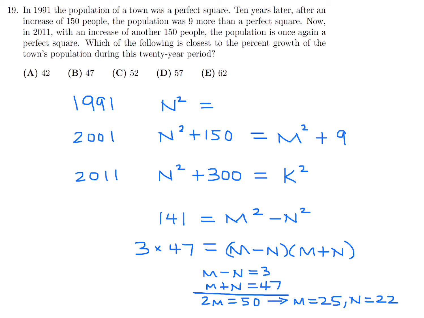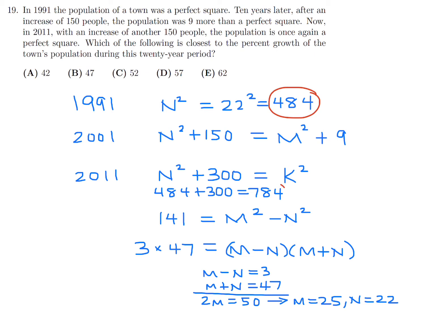So there you go. If n is 22, that means in 1991 the population was 22 squared, and that's 484. And then in 2001, it was n squared plus 300, which is 484 plus 300, which is 784. So these are our two populations that we have to compare. What is the percent increase?